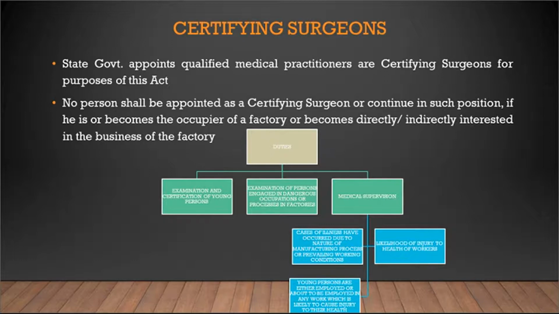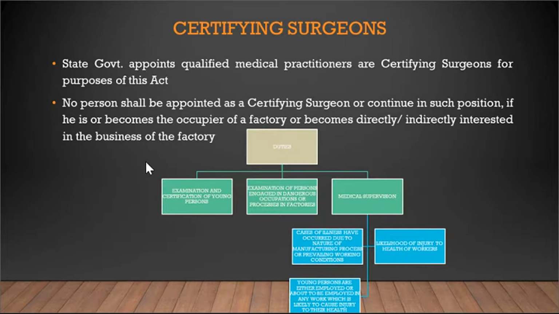So the certifying surgeons are expected to play an important role in eradicating the exploitation of young persons. They are appointed by the state government and are qualified medical practitioners for purposes of this Act. They are authorized for medical examination of the workers and accordingly give certificate of their fitness.